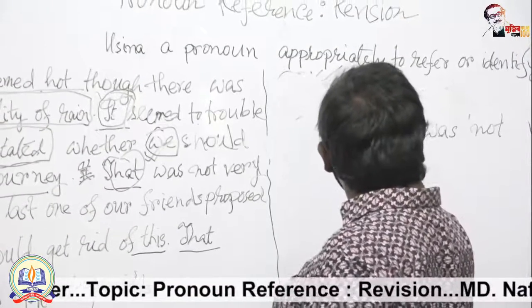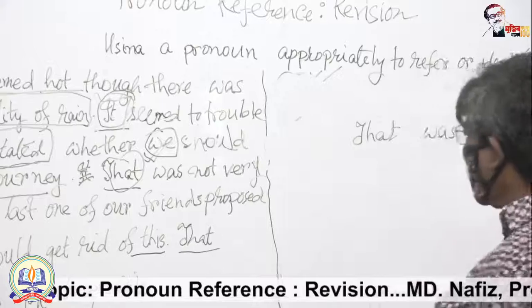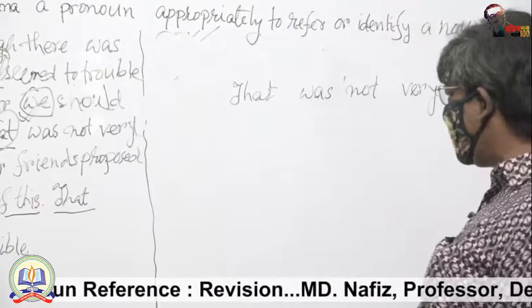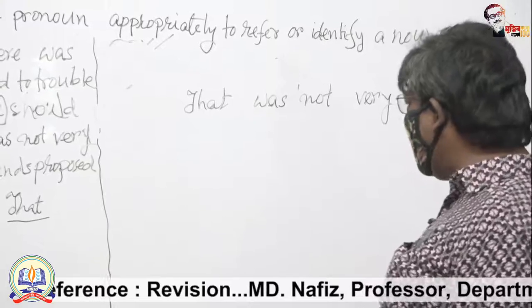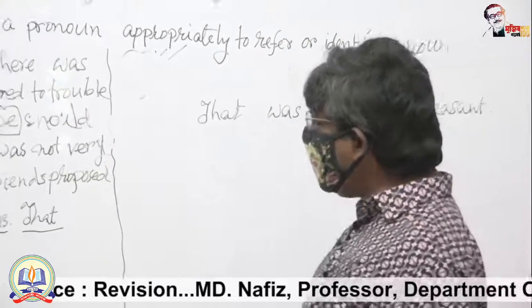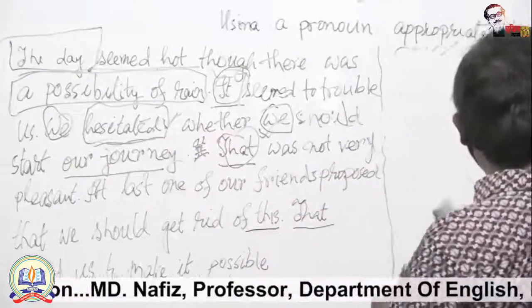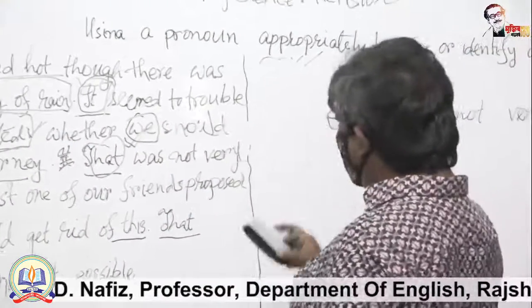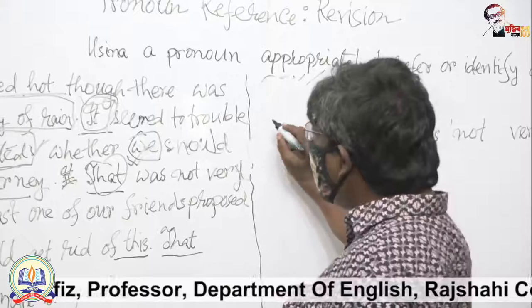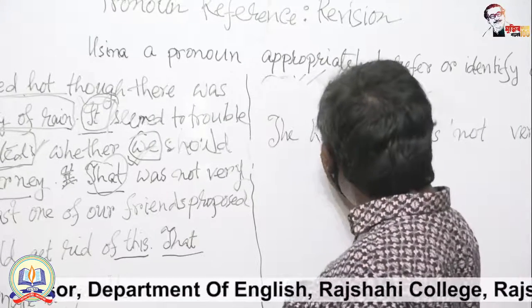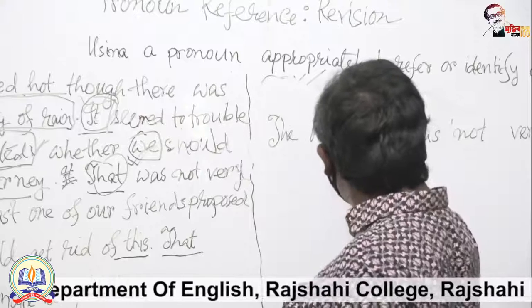But it is not made clear in the sentence. To make the idea clear, we have to use the noun of the verb hesitated. The hesitation. And now you get the clear idea of this sentence.